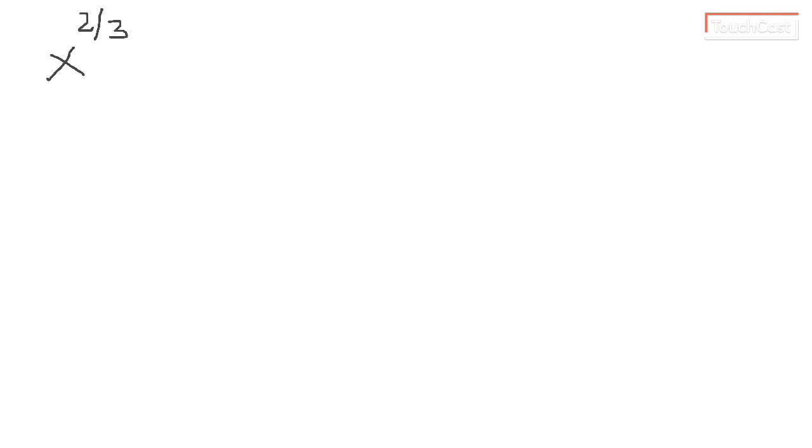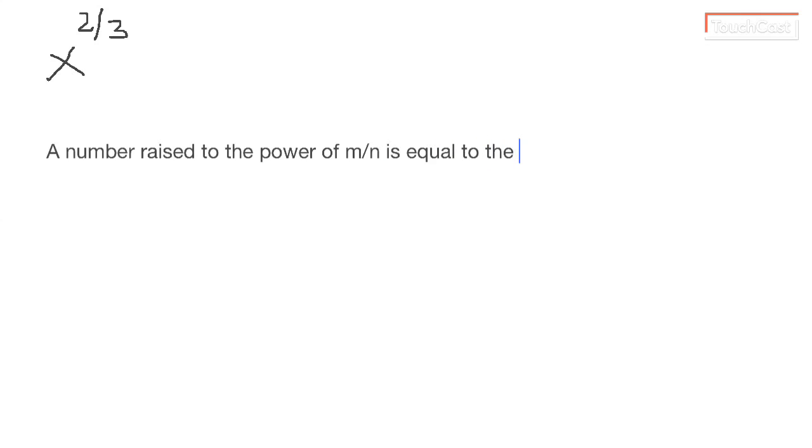So what we say is a number raised to the power of m divided by n is equal to the nth root of the number raised to the mth power.